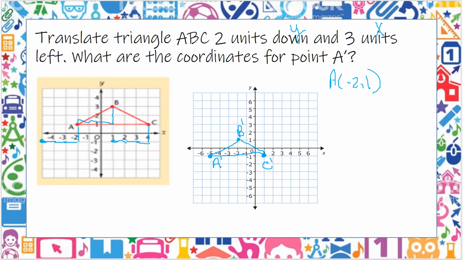You can subtract 2 from the Y and subtract 3 from the X. And you do get -5, -1. You can continue the same process for B and C.